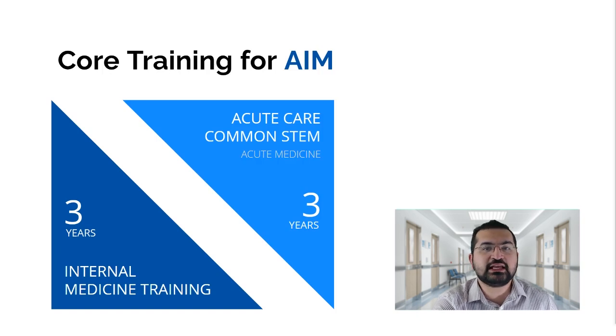ACCS has three separate specialties which it is streamlined to work in. Acute medicine is one of them, another one is emergency medicine, and another one is anesthetics. If you take ACCS anesthetics, you'll be working in anesthetics, emergency medicine and acute medicine, but your goal is streamlined to join anesthetic training. So you have to take ACCS AM to join acute internal medicine training if you want to take that path.